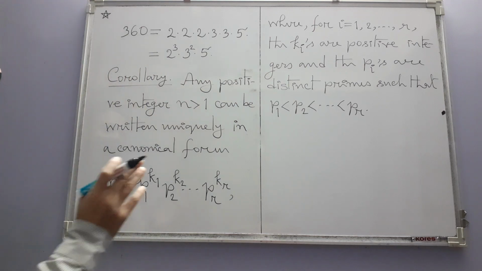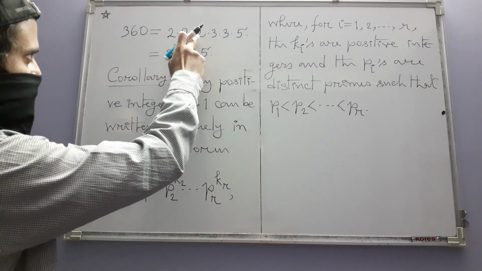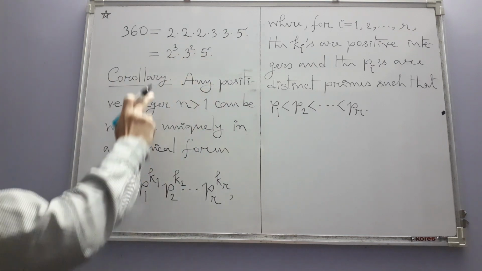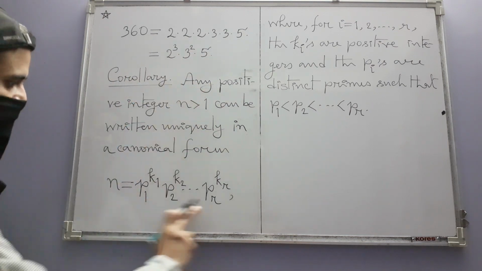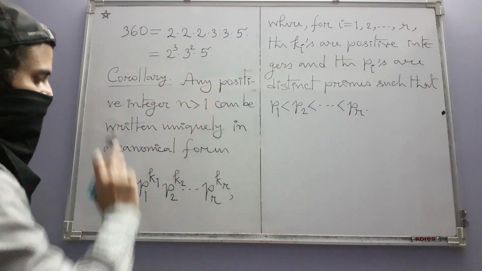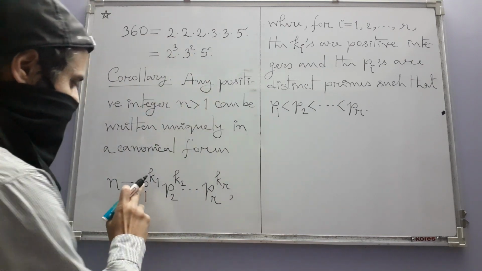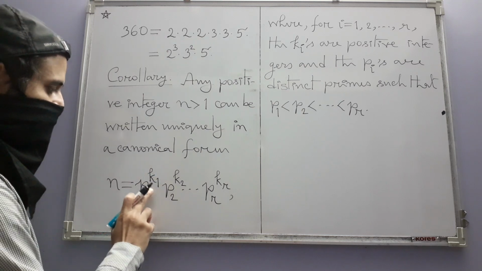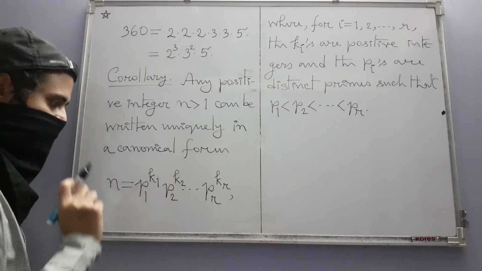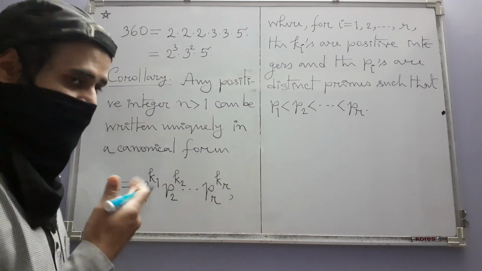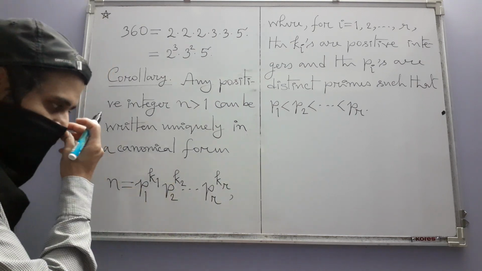Well, the original primes that appear in a factorization need not be distinct, which you can see from this example, but once you write the canonical form, the primes that are appearing are distinct, because we are collecting all the like primes and making a single power. Similarly, we are collecting some other like primes and making a single power.